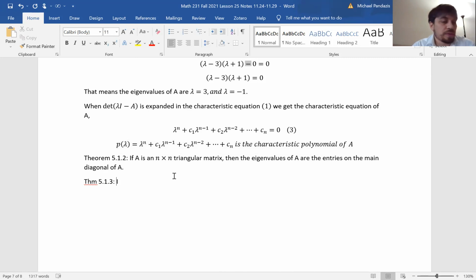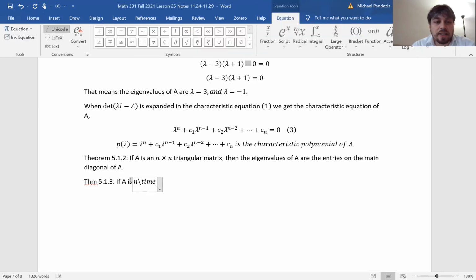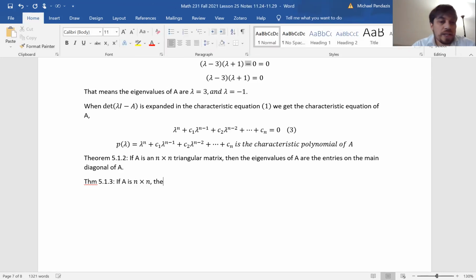Theorem 5.1.3. If capital A is an n by n matrix, then the following are equivalent statements.